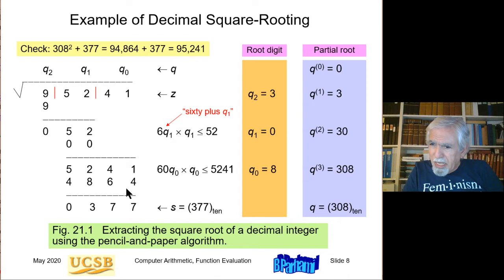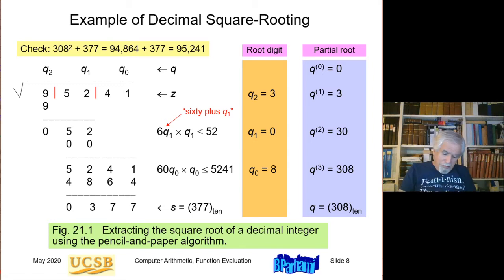And subtract, so this is basically 608 times 8, which is 4,864. So I subtract, get 377 for the remainder. So this is the manual square rooting algorithm that I was taught in school.